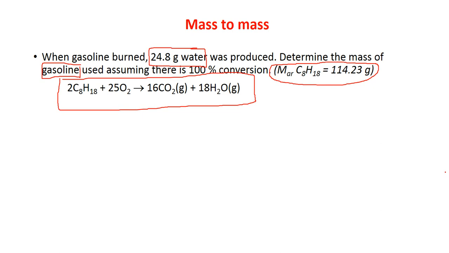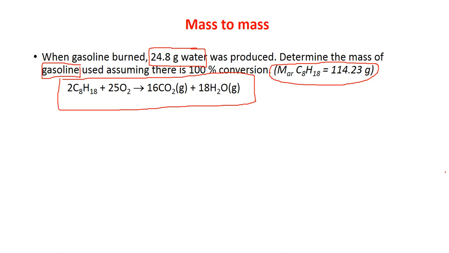Now we know that when solving conversion factor problems, we start with a given quantity and then multiply that given quantity by the conversion factors. Also, we need to take note that in this case we are given the mass of the product, not the mass of the reactant.